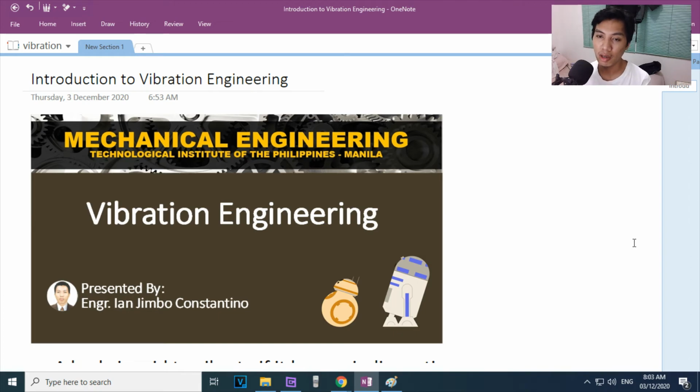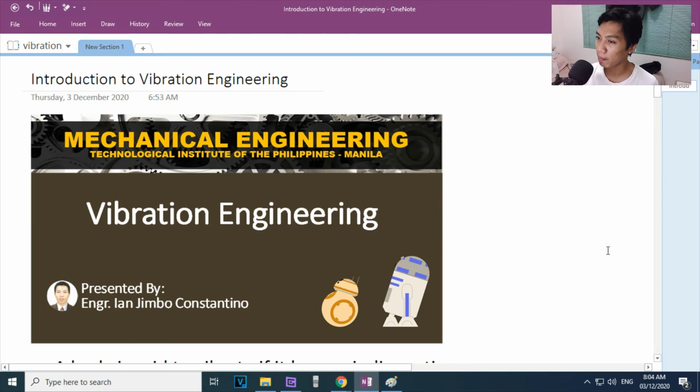Since someday you will become designers and professional engineers, you will know the effects of vibration on your moving parts and machines, whether they disrupt the performance of your engine, or can be quite destructive to your structures. That is vibration engineering. We are not only focused on machine design, but this is very important because we need it.